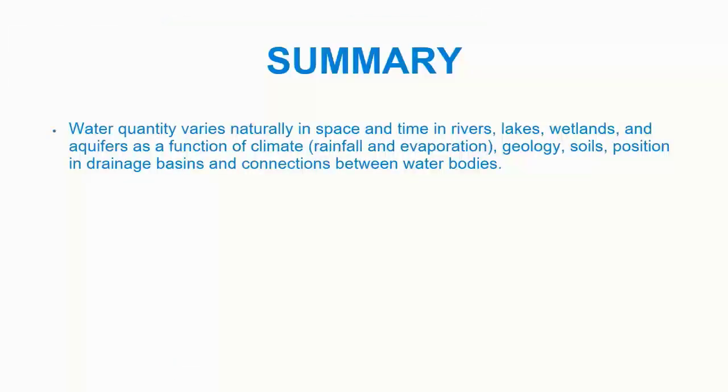That brings us to the end of this lecture on water quantity and ecosystem vitality. We've learned that water quantity varies naturally in space and time in freshwater systems as a function of climate, geology, soils, position in drainage basin, and connections between water bodies. We've learned that native biota is adapted to natural variations in water quantity.